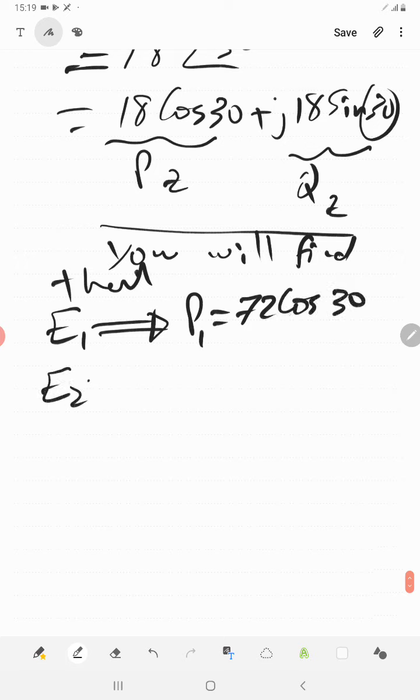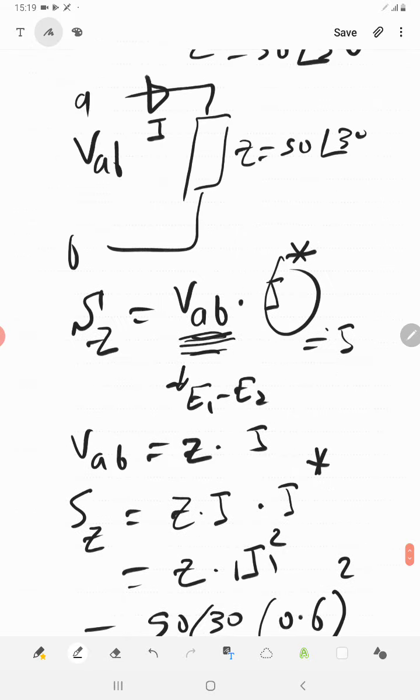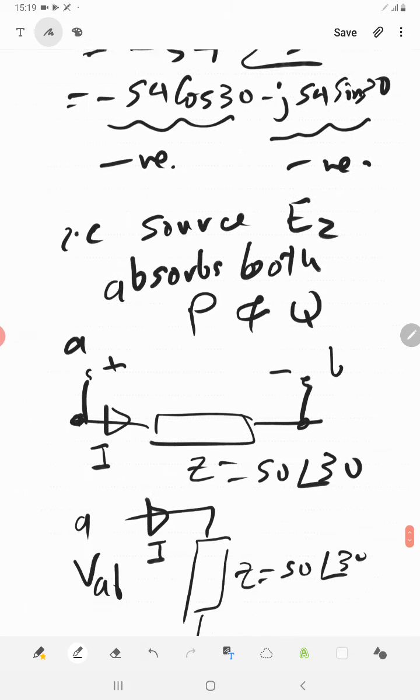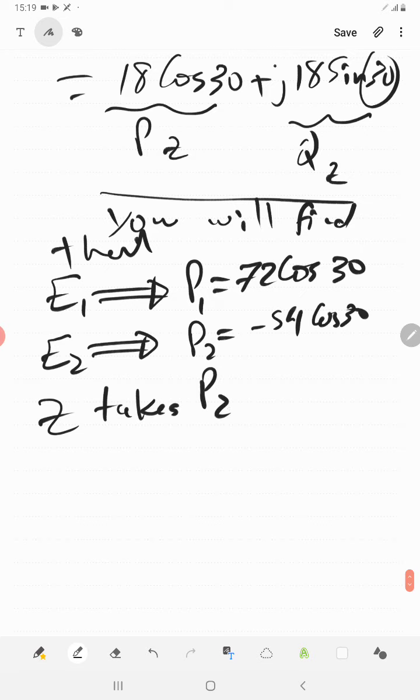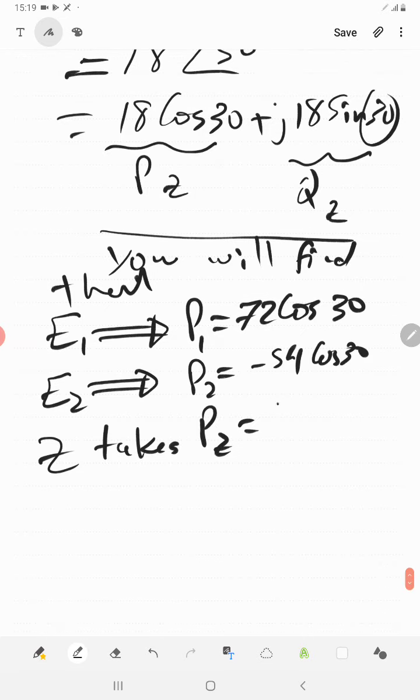And E2 gives P2 equal to minus 54 cosine 30. And Z takes PZ equal to 18 cosine 30.